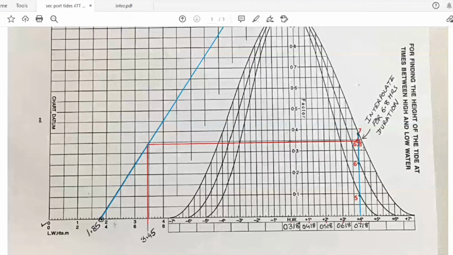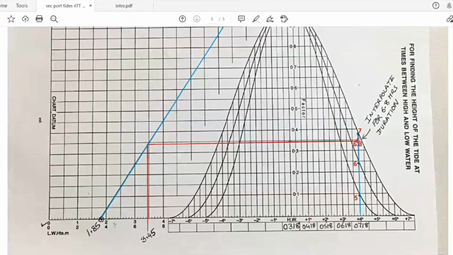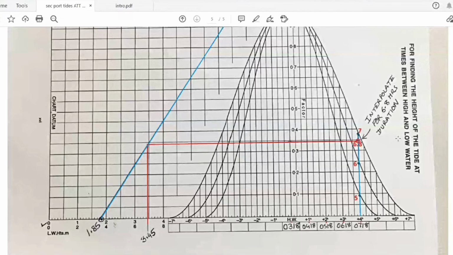The dot will come on this vertical line for 720, and from this 6.8 draw a horizontal line which will cut the blue line. Wherever it cuts the blue line, you come down and you get the answer. If you read on the inner scale, it is slightly to the left of 3.5, so it is 3.45. Are you getting 3.45 approximately?